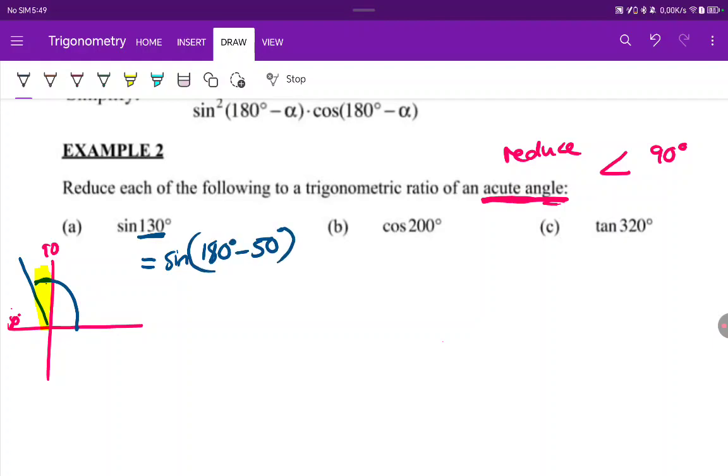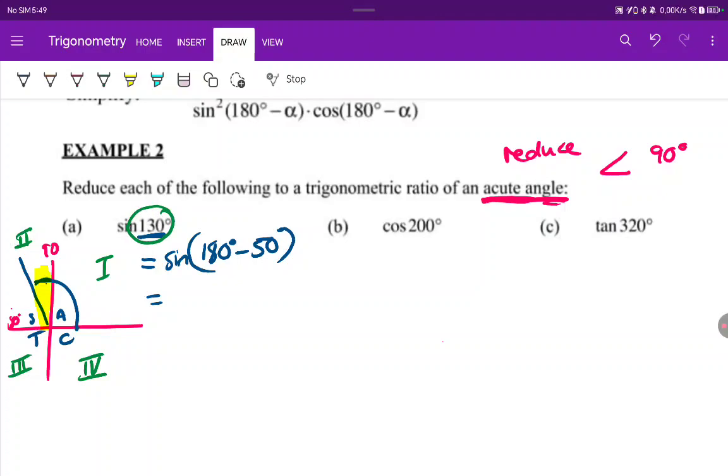Those two together. And once you have that, what you can do next is reduce it and say, okay, according to CAST, in quadrant number 1, 2, 3, 4, you need to be able to do all of that from memory.